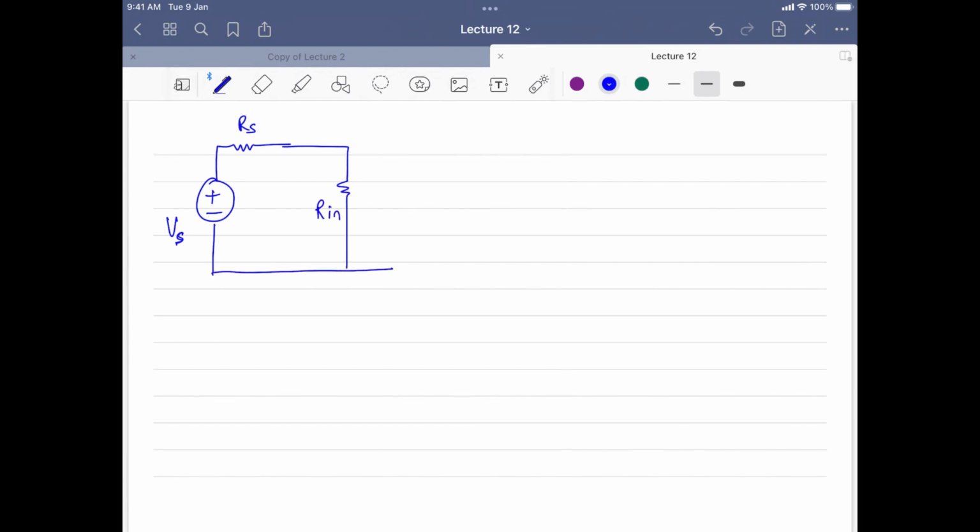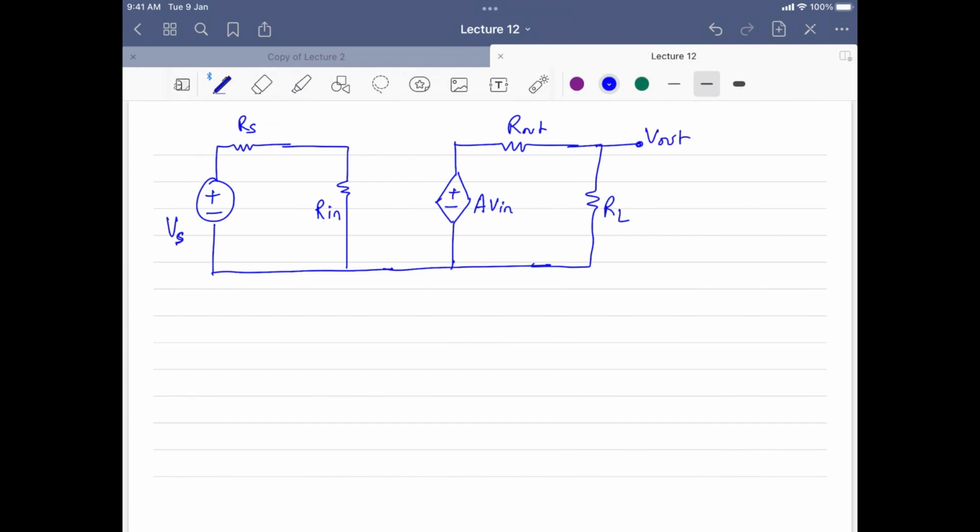Okay, and then we have one voltage controlled voltage source of value A Vin, and then we have Rout this side, and then you have a load resistance, and then you have Vout this side. This load resistance is basically the loudspeaker. So this is the loudspeaker, and this is the microphone that you are using at the input.